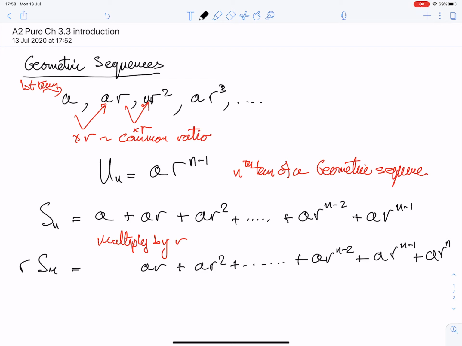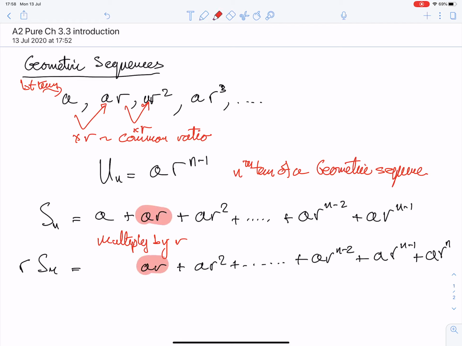Okay, now you've probably noticed that as I've done that and the way I've written it out, that these line up. So AR lines up with AR, AR squared with AR squared, AR to the n minus 2, AR to the n minus 2, etc. Right? So they've all lined up in pairs. So I can eliminate nearly all of these terms if I subtract.